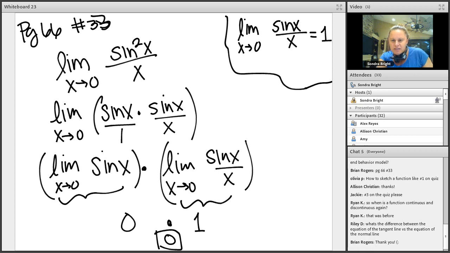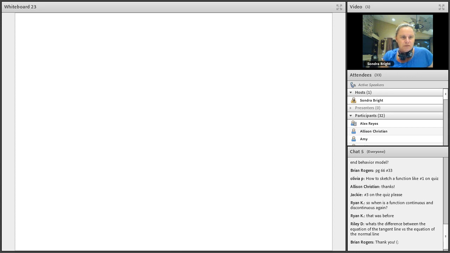How to sketch a function like number 1 on the quiz. Yeah, there's going to be one like number 1 on the quiz, but it's going to be even more, we'll have more rules for you, I'm sure. So, quiz number 1.